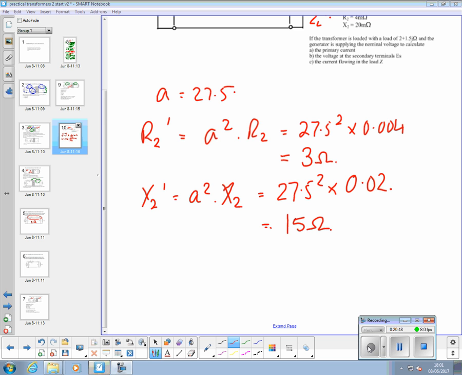What about ZL dash? We're going to have to do that times a complex number, aren't we? 2 plus 1.5. Okay.